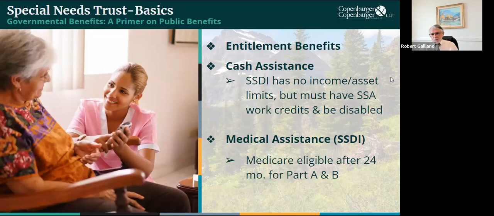The SSDI program is an entitlement. And as for the medical assistance, after you have been on SSDI for 24 months, you will automatically be entitled and eligible to receive Medicare Part A and Part B.